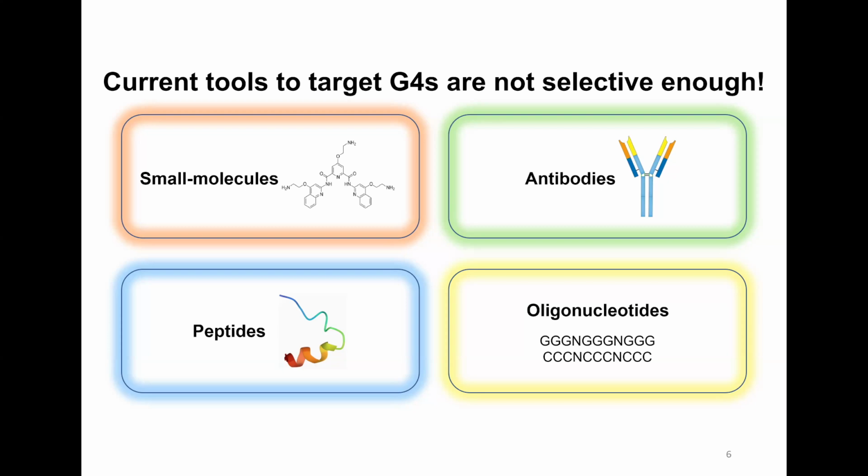What they have shown is that they can be selective when you compare G4 versus non-G4, like duplex or single strand. But when you want more selectivity, like RNA G4 versus DNA G4, or one RNA G4 versus another RNA G4, they don't have enough selectivity to distinguish between the cases.